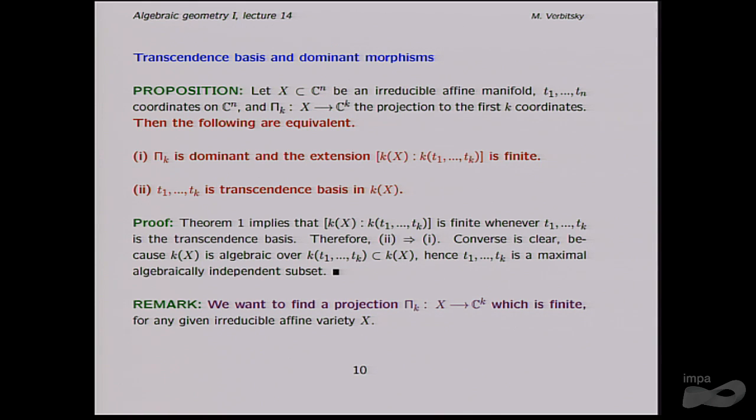So now, proposition. You have X inside Cn, an affine subvariety. Now you can have the projection Pk from X to Ck, the projection map written here.